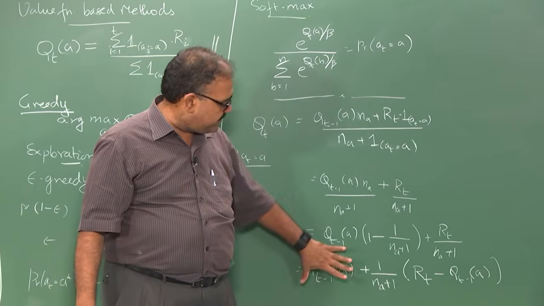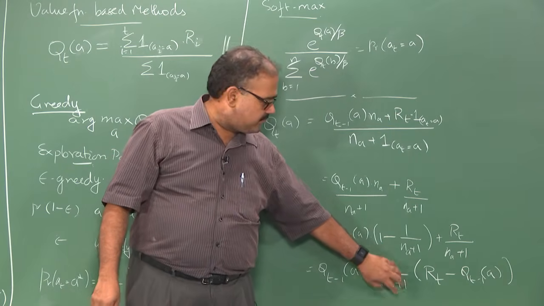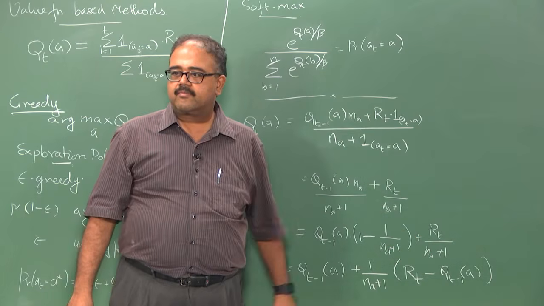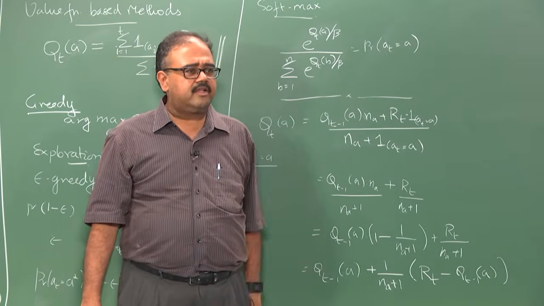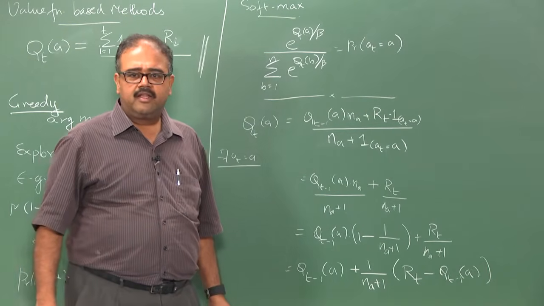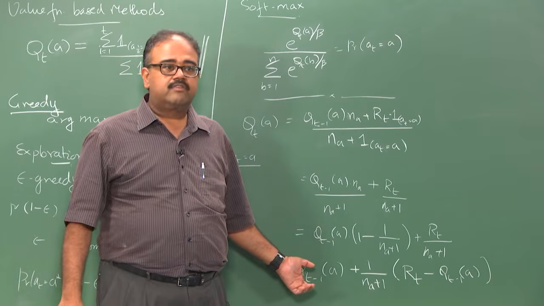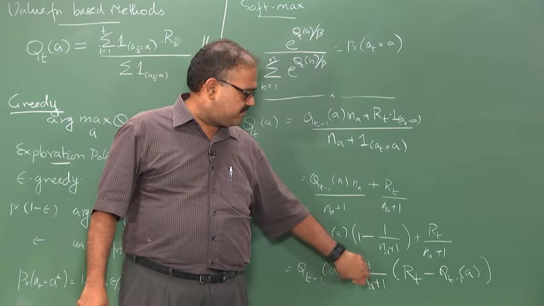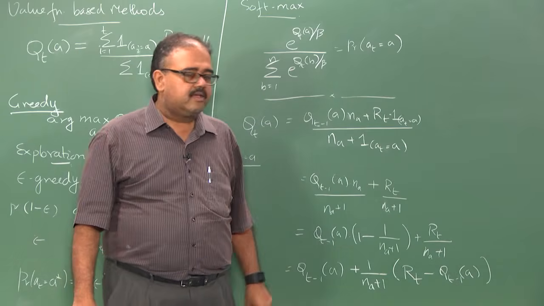So what I am doing is taking my old estimate and adding some alpha times an error. Many iterative algorithms that we have looked at, even in ML, and many iterative algorithms that we will look at later in the course will all have this form: old estimate plus some alpha times an error term.